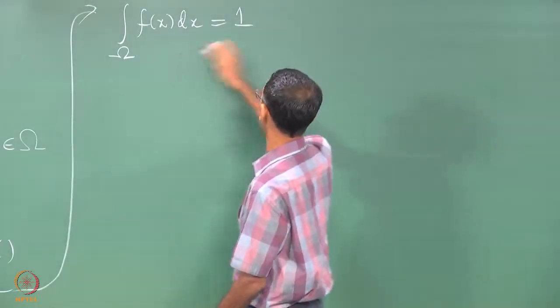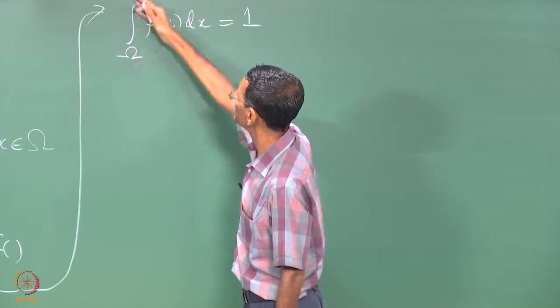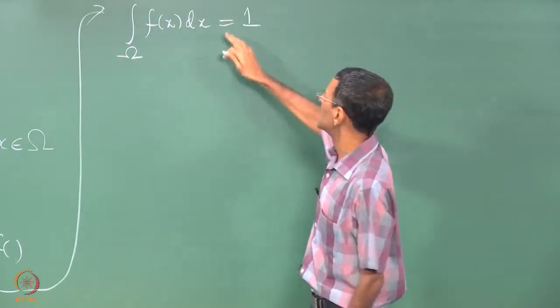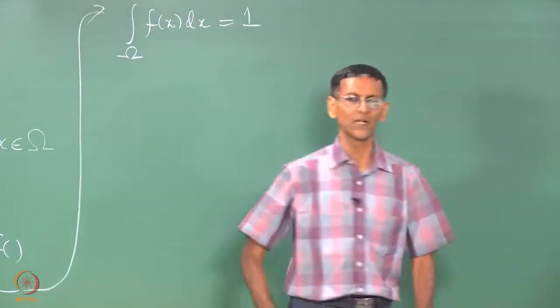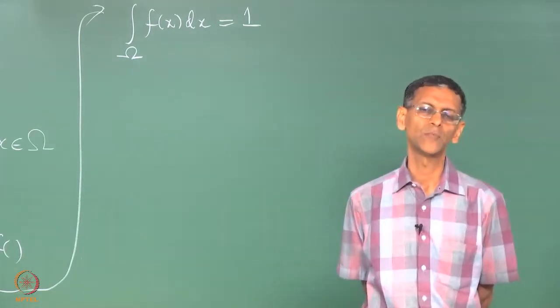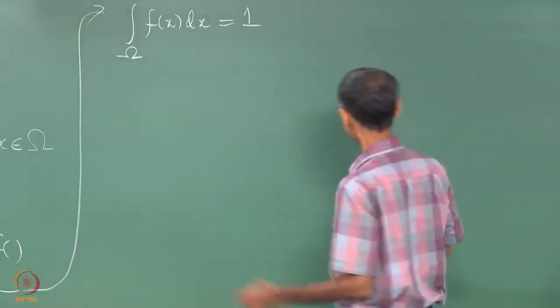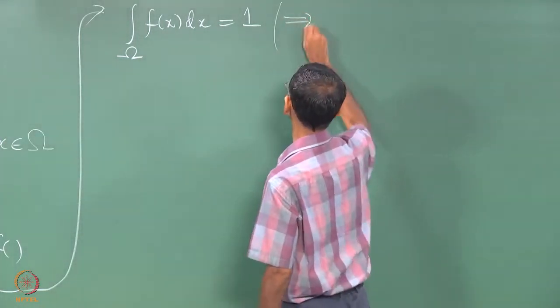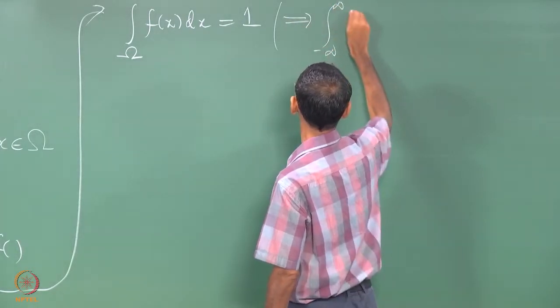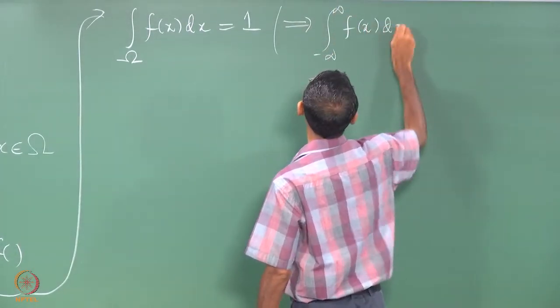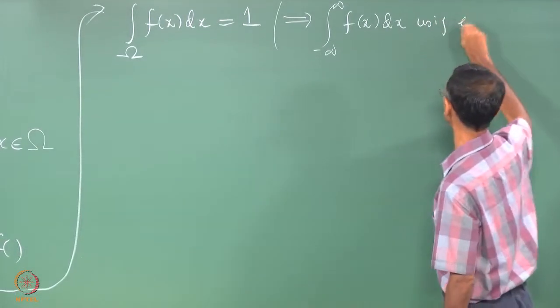I know yesterday I may have written minus infinity to infinity, but fundamentally you want its integral over the set omega to be 1. Of course this automatically will mean the integral over minus infinity to infinity is also 1 using the extended definition, right?